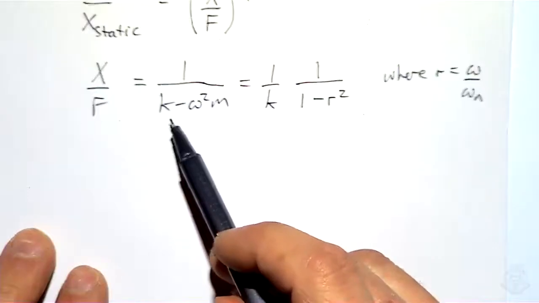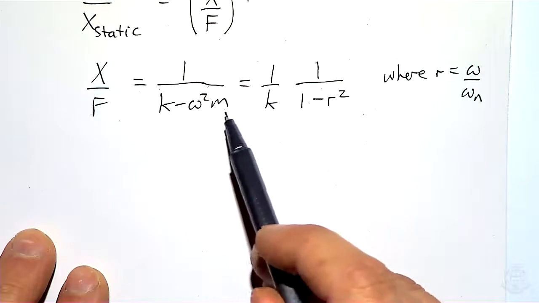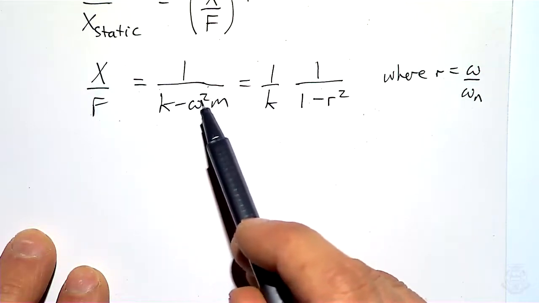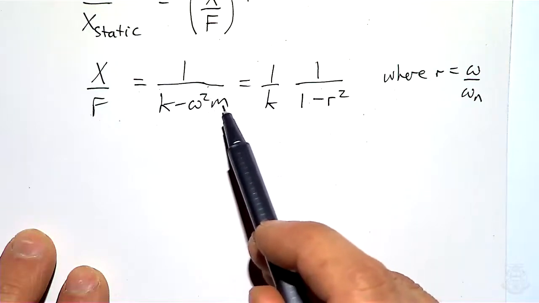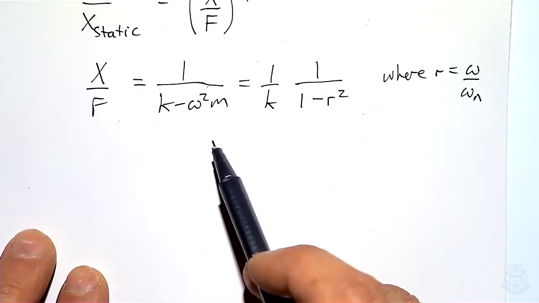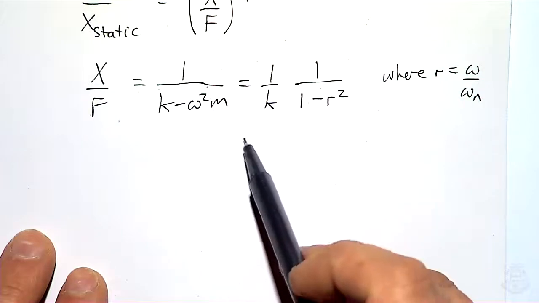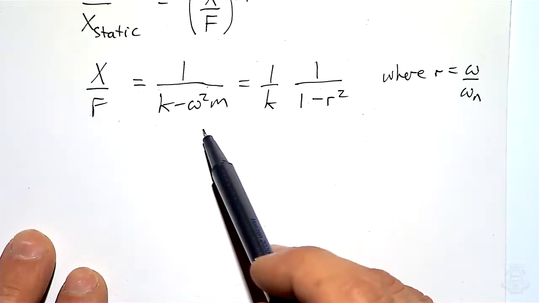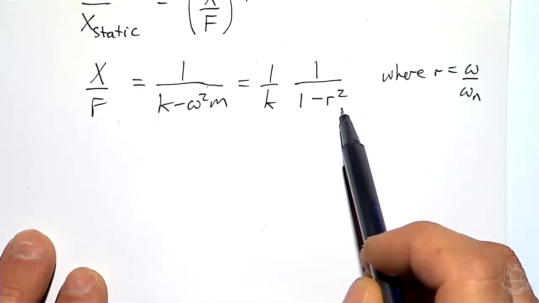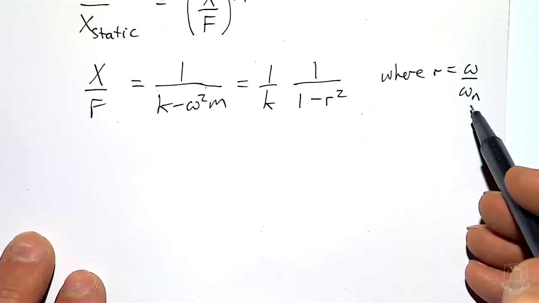If you see what I've done here, I've taken k outside this bottom term, so I've got k times 1, and k taken out of this term here, which means I have to have m over k here to correct that term. And of course m over k is 1 over omega n squared, the natural frequency. So I've got omega squared over omega n squared in this term, and that's equal to r squared. So r is the ratio of the forcing frequency to the natural frequency.